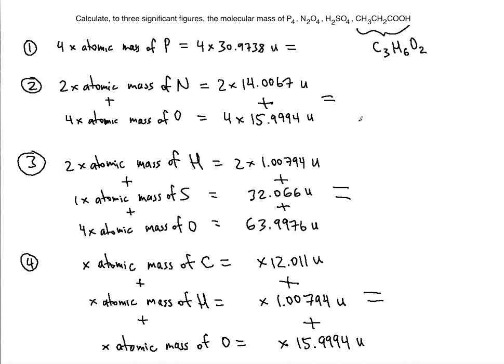So now 3 times the atomic mass of C, the carbon. Now 6 times the atomic mass of hydrogen, and twice the atomic mass of oxygen. So you can write these numbers in: 3 times, 6 times, and 2 times. Now note, how do you find the individual atomic masses of elements? You're going to use the periodic table.